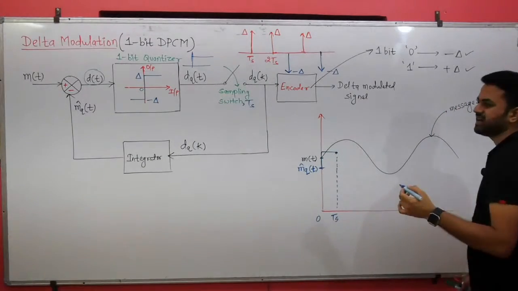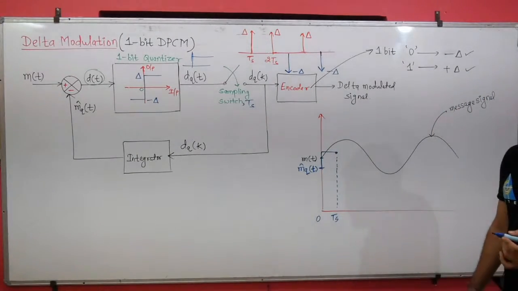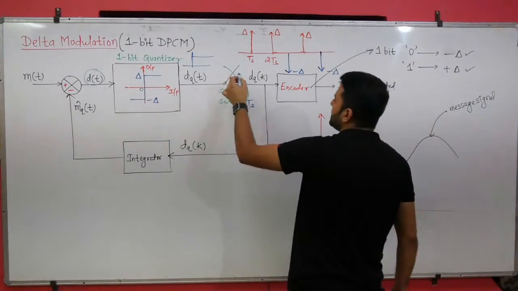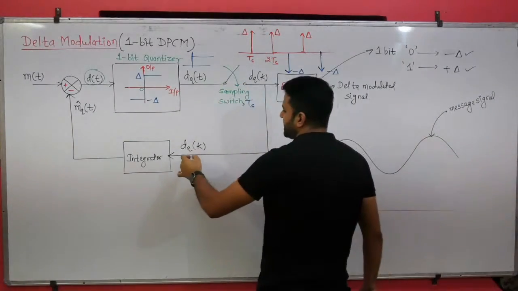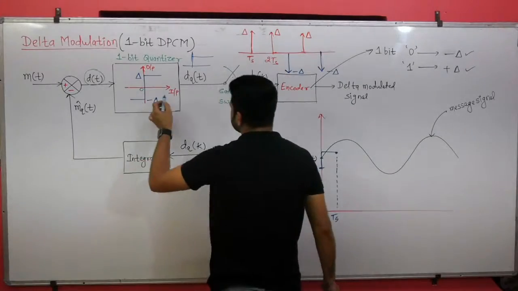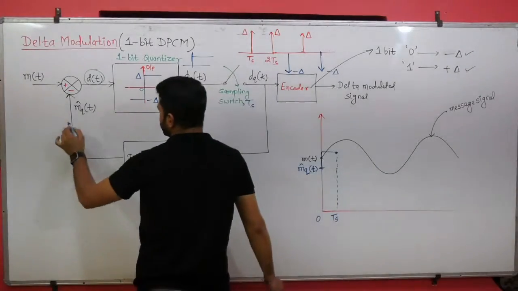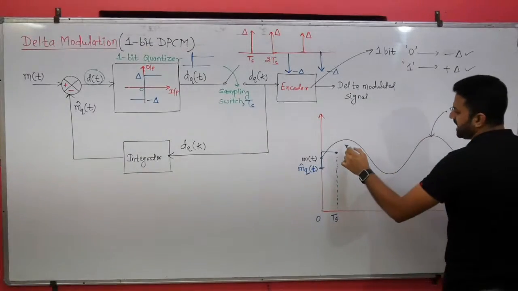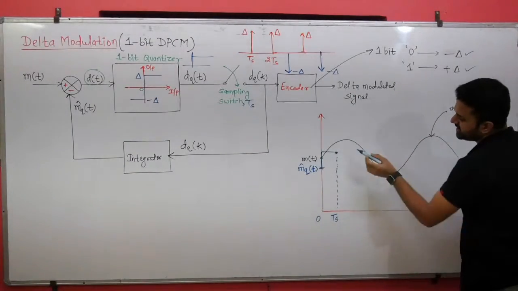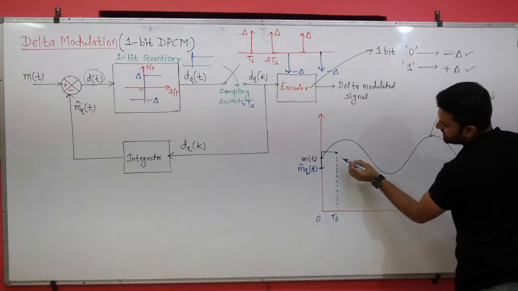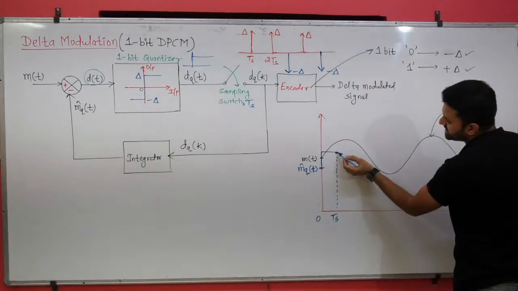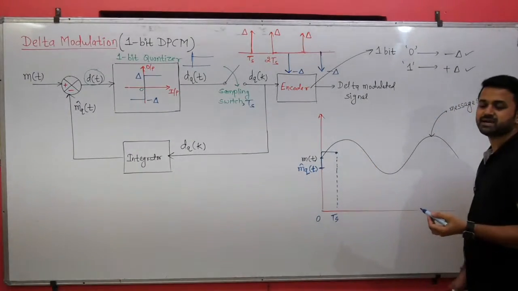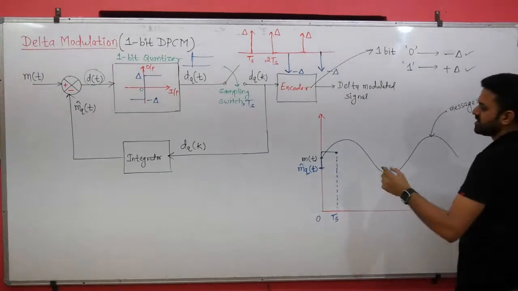After Ts seconds, again we will compare, because after Ts seconds you will send the feedback signal. That will be input to this adder, and then the message signal will come and you will take the difference again. At this point also, at Ts, this blue line is less than the black line. That means the message signal is greater than the quantized signal.